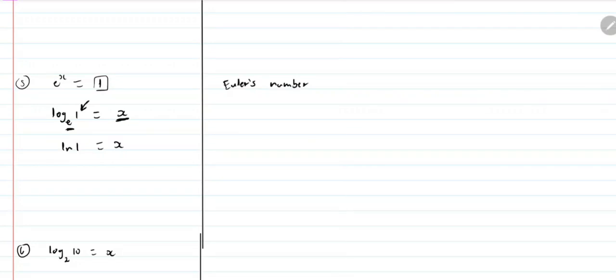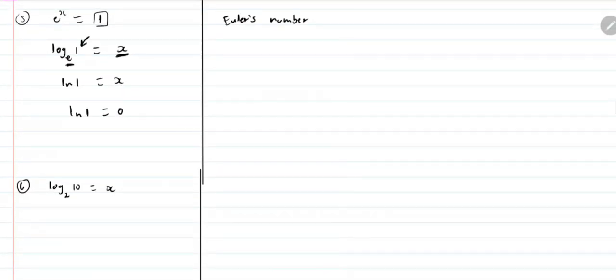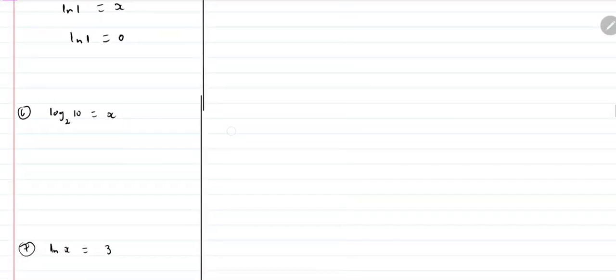Remember we said in our previous video that anything raised to the power of 0 would be 1. So it simply means that e raised to the power of 0 is 1, which implies that x is equal to 0. Alright? So ln 1 is equal to 0.